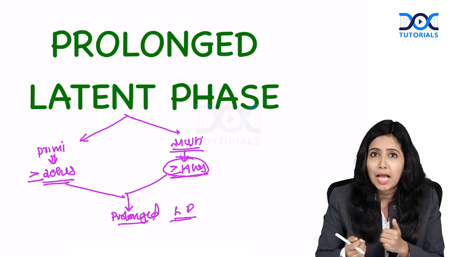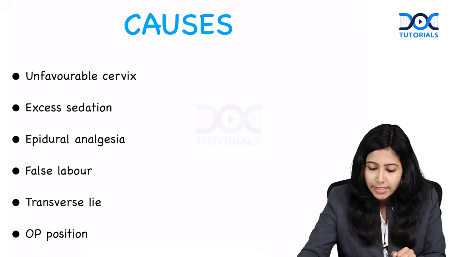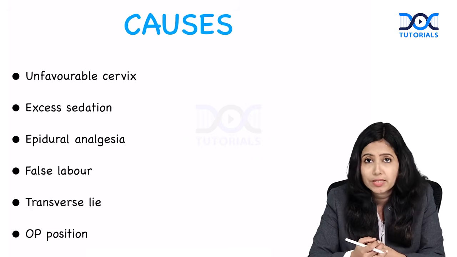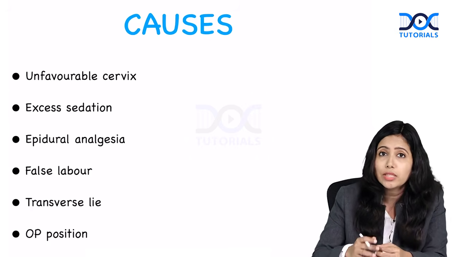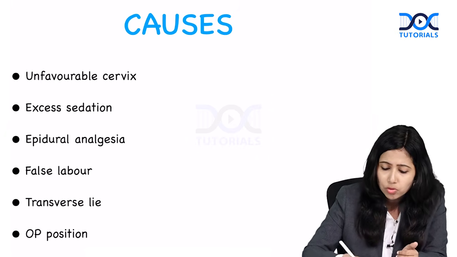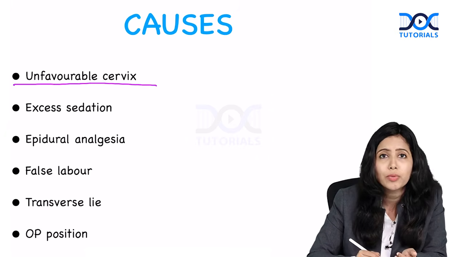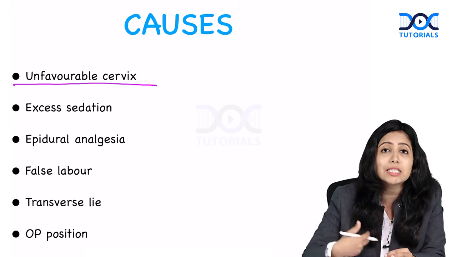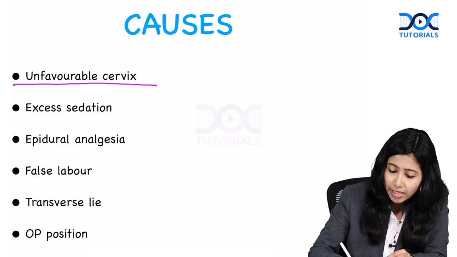So, why does this happen? Let's see the causes. It could be due to an unfavorable cervix, which is not getting dilated well. Or it could be because we are giving the patient excess sedation, or the patient is on epidural.